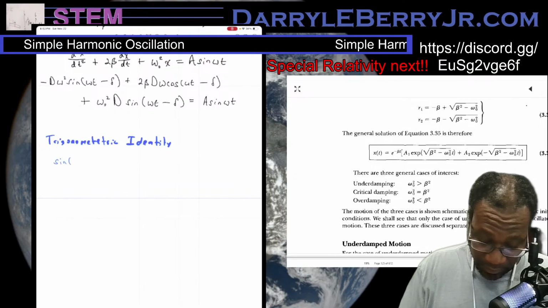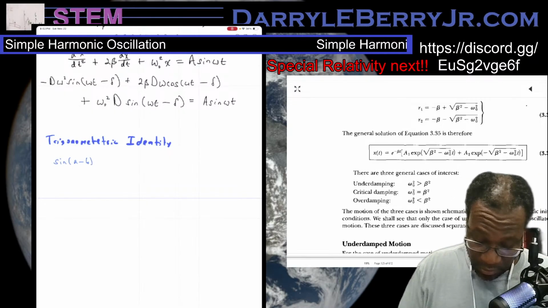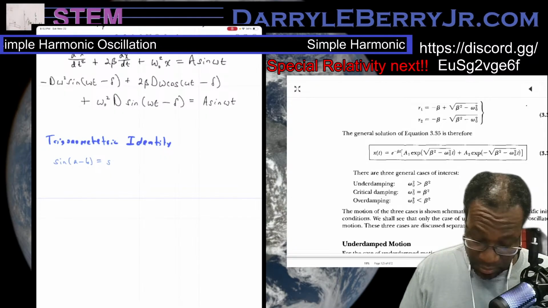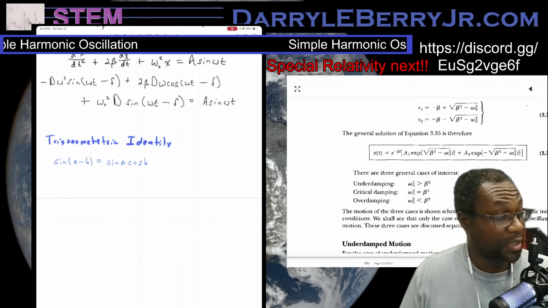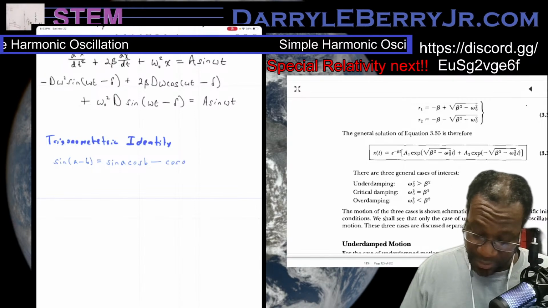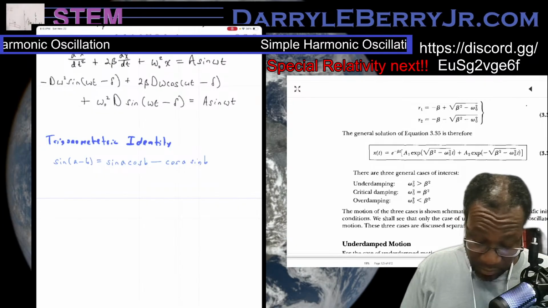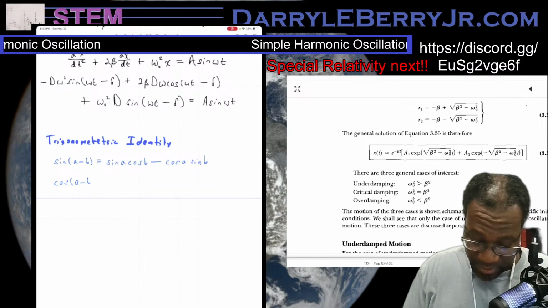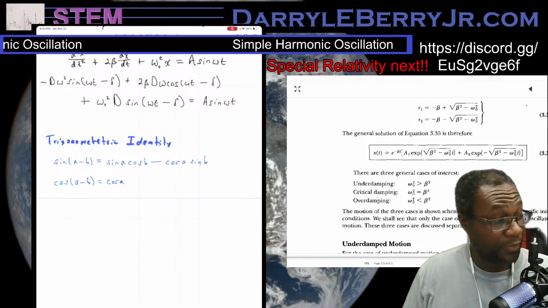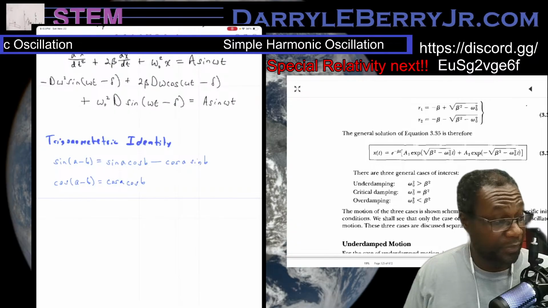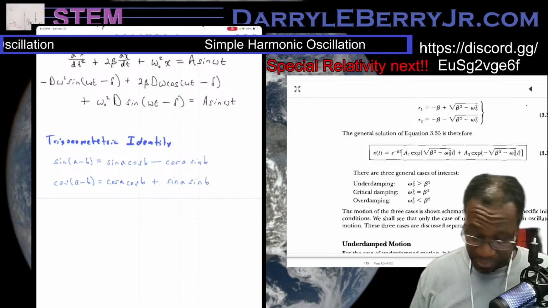So if you have sine(a minus b), that's going to equal sine a cosine b minus cosine a sine b. And if you have cosine(a minus b), you're going to have cosine a cosine b plus sine a sine b.